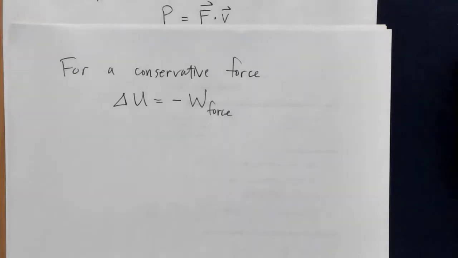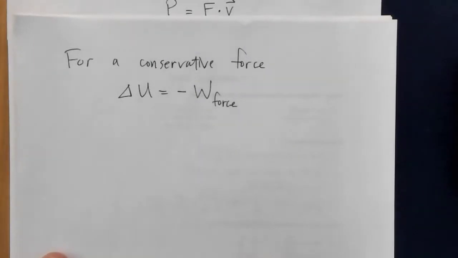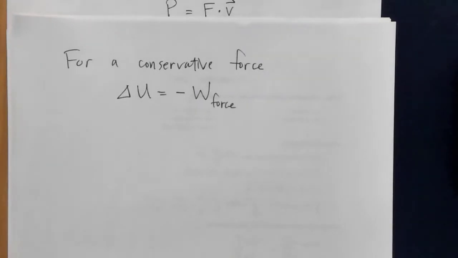You remember that? Remember the whole idea if you have a bank with money, you take money out, the force is doing positive work. As a result, the bank account goes down. Okay, so now what we're going to do is consider this conservative force like gravity.